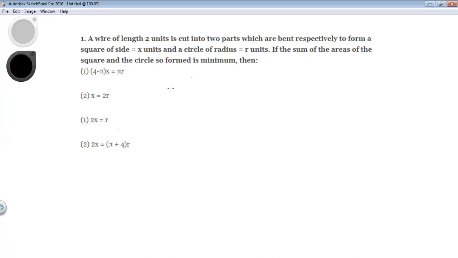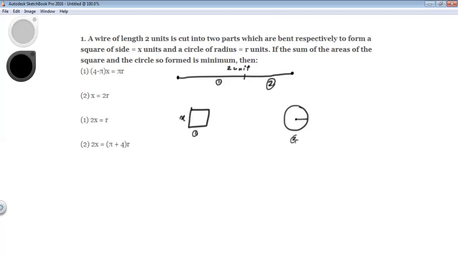So mainly, let's say this is a 2-unit wire, so we'll cut it into two parts. Let's say this is part 1, this is part 2. The first part will be made into a square and the second part will be made into a circle. So the first one's side is x units and the second figure's radius is r.